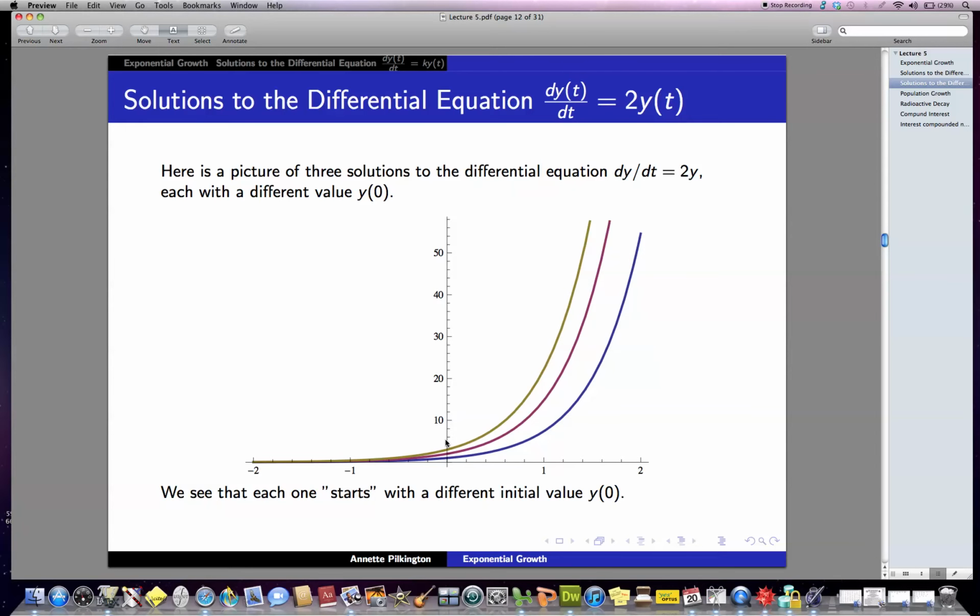There are many more solutions. We can pick any value for y of 0, and there's a unique solution whose graph runs through the point 0, y of 0. So we get a solution for any given initial value.